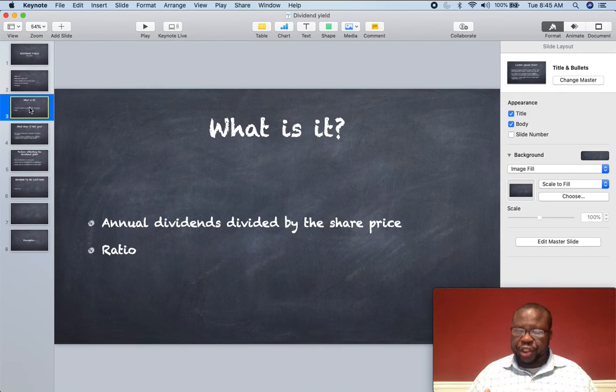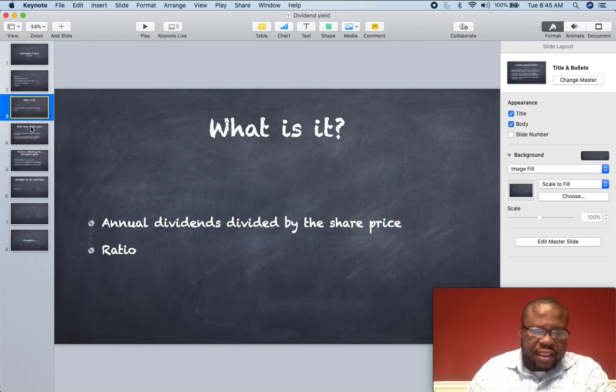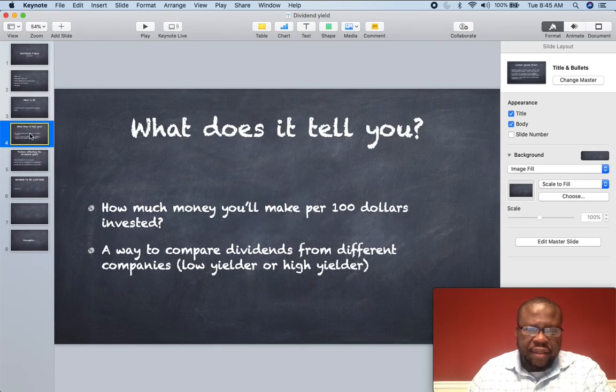So it is a ratio, okay? So an example would be you're getting $1 per year, and usually companies pay quarterly, so it'd be 25 cents per quarter. So $1 a year divided by the share price. So the share price is $100. So 1 over 100, the dividend yield would be 1%. That's it, okay? Simply as that.